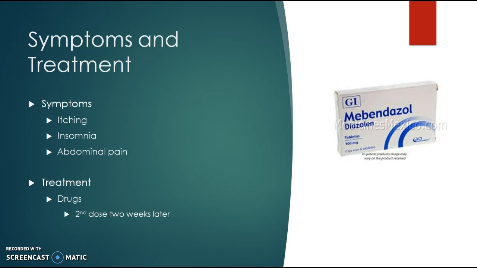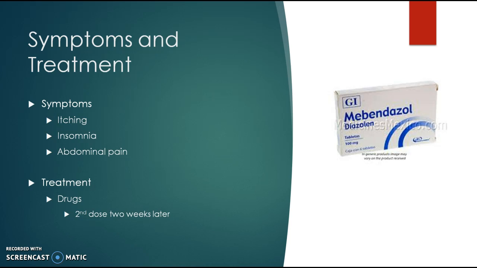And some ways to treat them are over-the-counter drugs. A common one that I have a picture of over here is mebendazole. This can be bought over the counter, and it's typically required that you take 2 doses. So 1 dose when you realize that you have the pinworm infection, which kills the adult pinworms, and then a second dose about 2 weeks later to try and prevent yourself from getting pinworms again.